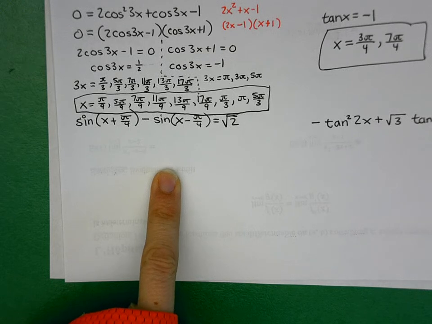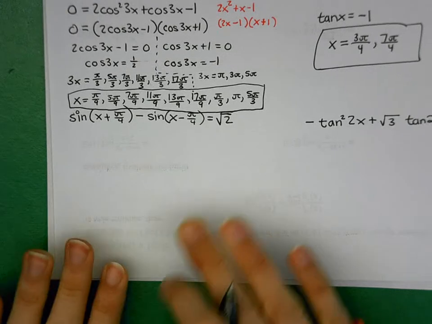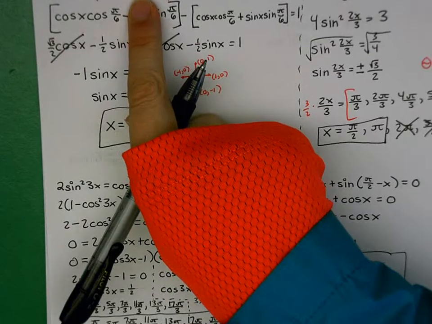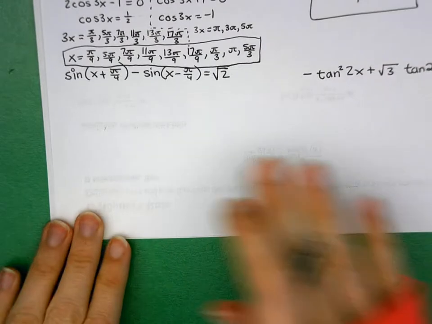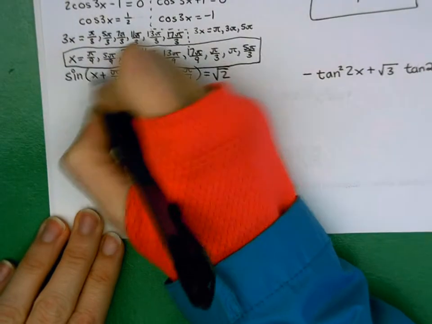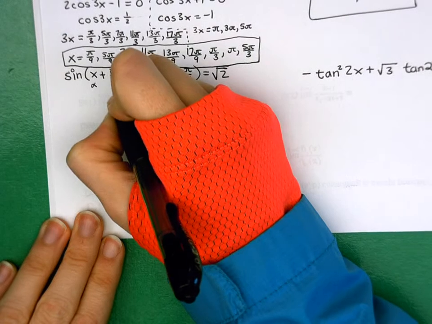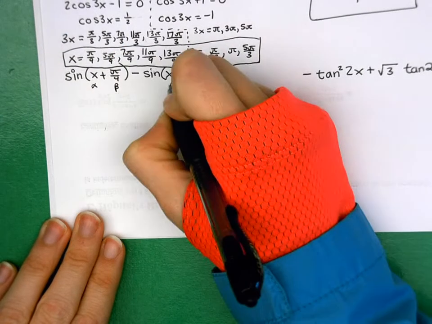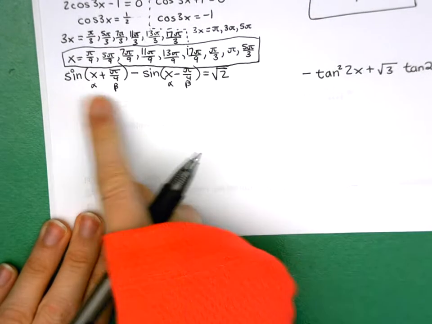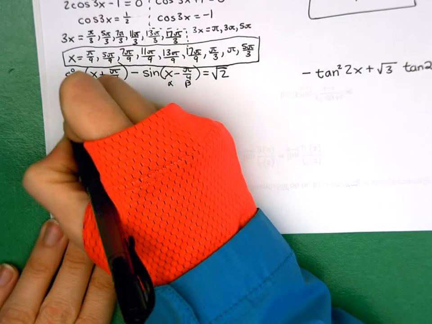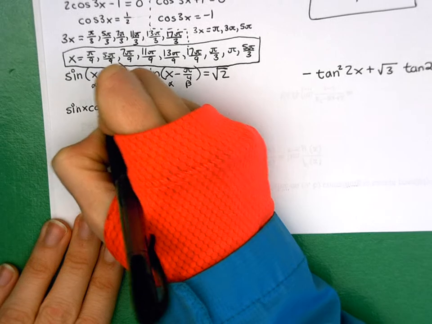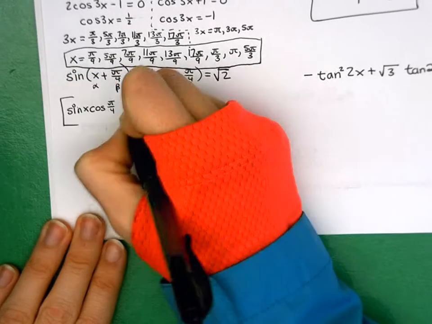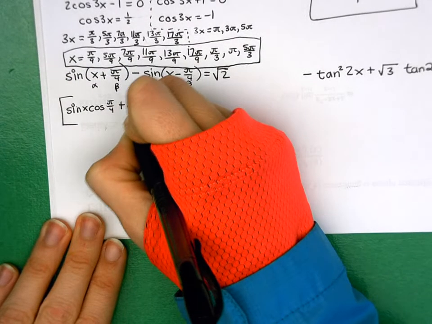Okay, so this one looks the most like our problem up here that we started with. Uses a little objective 4 element of angle addition or subtraction rules. So this is alpha and beta, alpha and beta. So sine of alpha plus beta is sine of alpha cosine of beta plus cosine of alpha sine of beta.